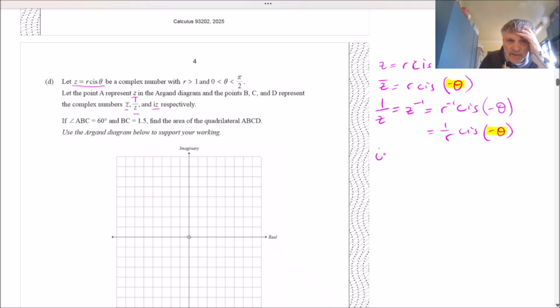And I times Z, it's possibly easier to explore this if we write this as cos theta.